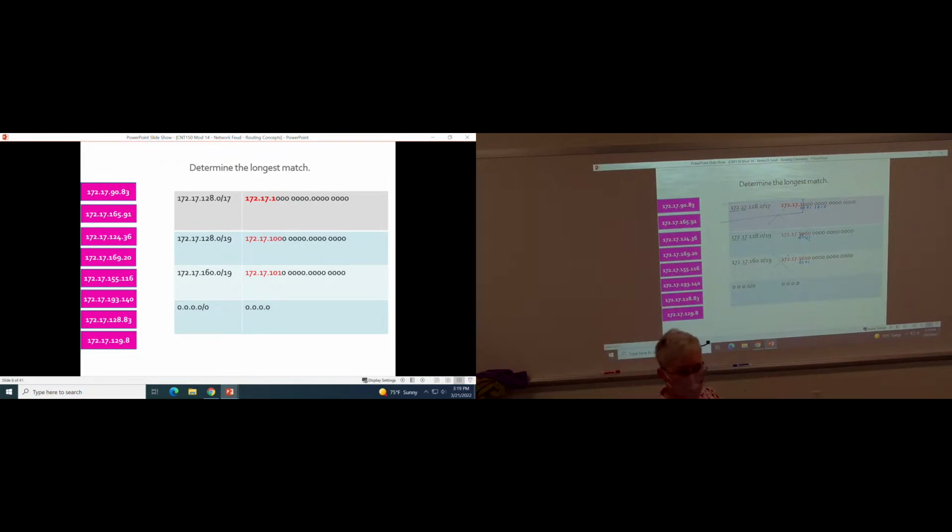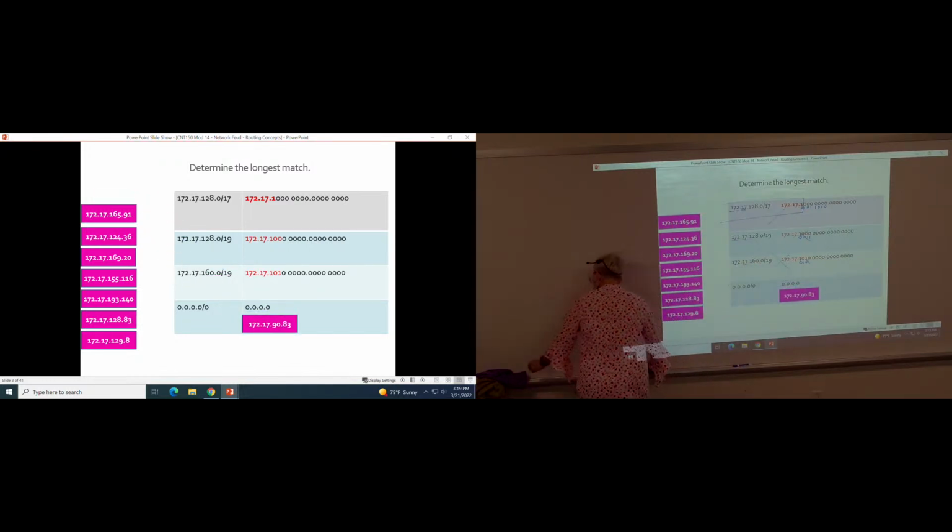We have to use the default route, because none of these others match. So it's going to say, can I use this route? No. Can I use this? Nope. Oh, thank goodness I have a gateway of last resort. Does everybody understand that? Okay, so we've got to use the gateway of last resort.